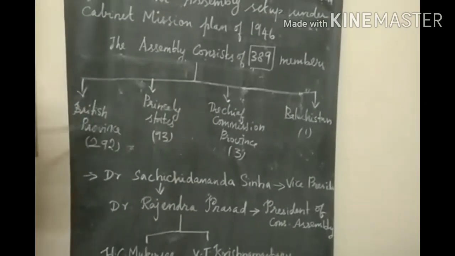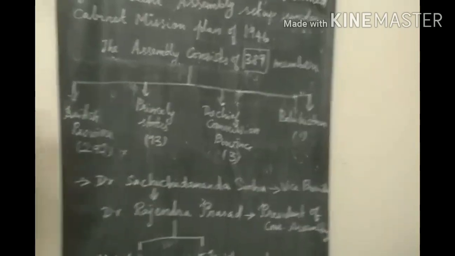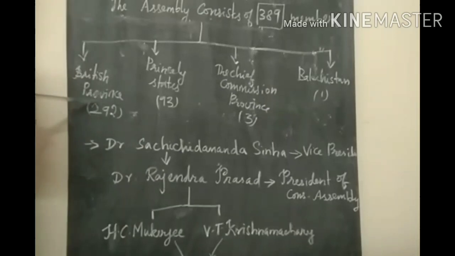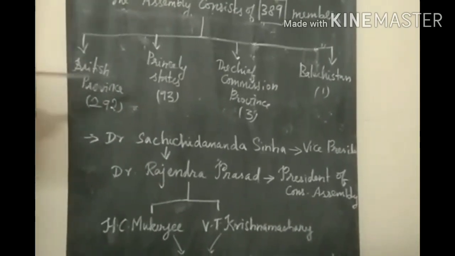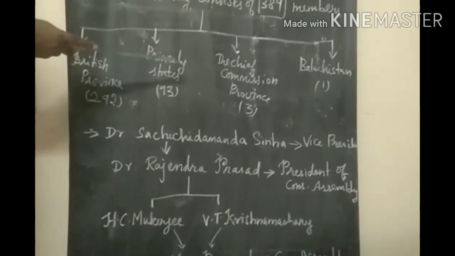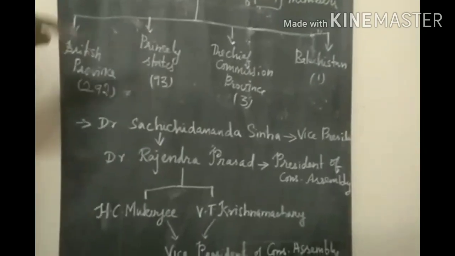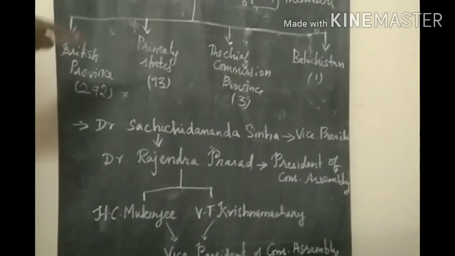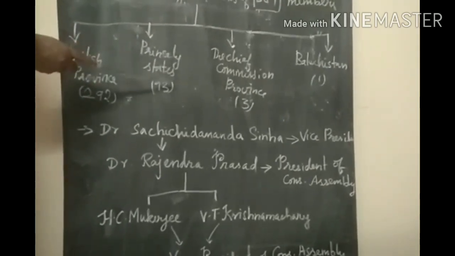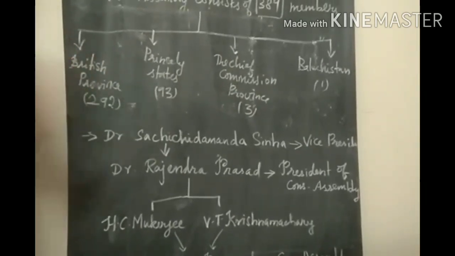What is the difference between the British provinces and the princely states? The British provinces were ruled directly by British officials. The princely states were ruled by native rulers or regional rulers, who had an alliance with the British Raj.